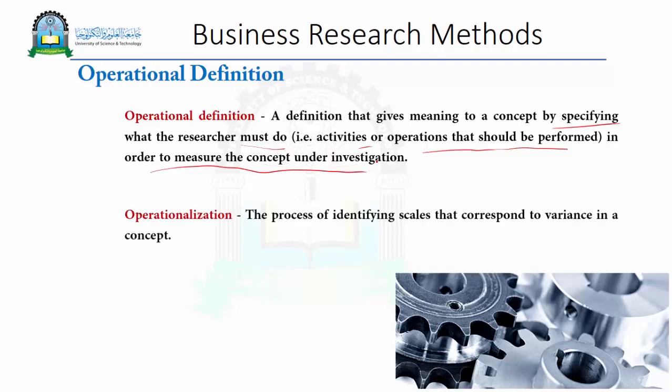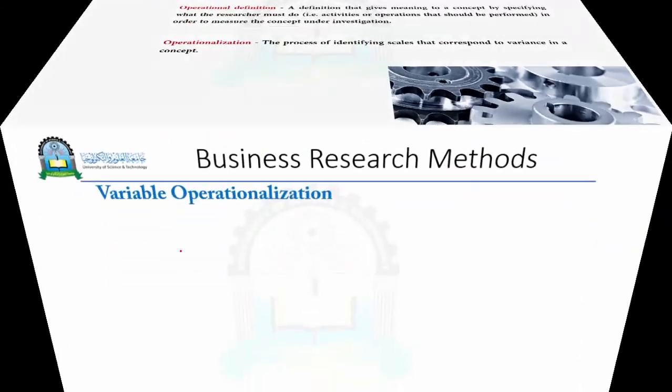The process of operationalization is identifying scales that correspond to variance in the concept. So I need to analyze the variable into dimensions, then come up with some indicators. Then these indicators can be questions in a questionnaire, and after that I will put the scale which is going to quantify the data collected through the questionnaire.